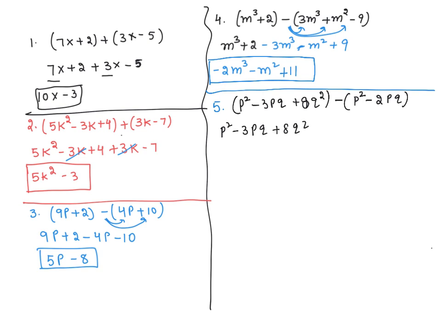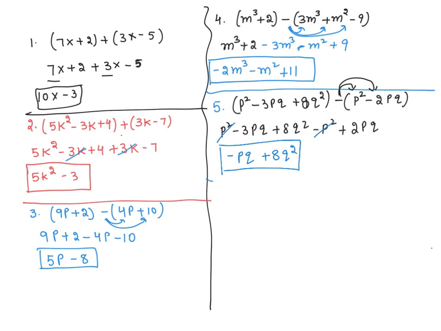Distribute the negative, so you get negative p squared plus 2pq. We are going to combine the like terms. When we combine the like terms, p squared and negative p squared cancel. Negative 3pq plus 2pq would be negative pq, plus 8q squared, because there is no other term to combine with 8q squared.